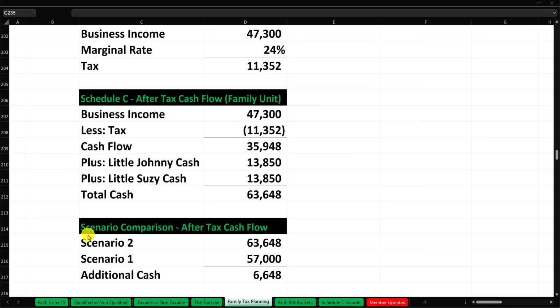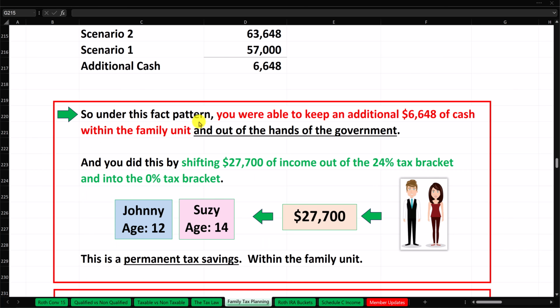And then when we compare the two scenarios based on after-tax cash flow, in the second scenario we had $63,648 and in the first scenario we had $57,000, resulting in additional cash retained within the family unit of $6,648. So under this fact pattern, you were able to keep an additional $6,648 of cash within the family unit and out of the hands of the government.